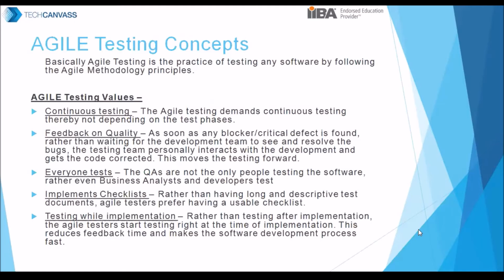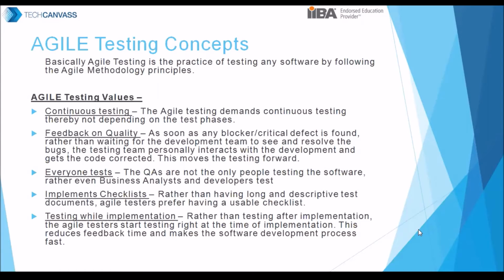Testing while implementation is the last point in testing values. So here, what happens? The testing team starts testing right at the time of implementation. The development team is implementing a particular feature and they are giving that build to the testing team for testing.